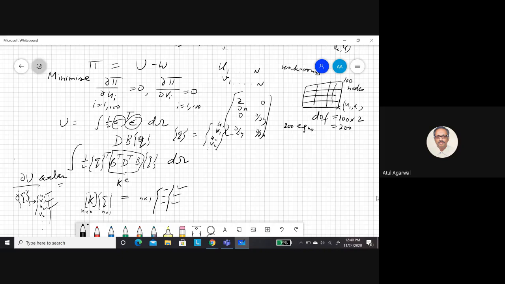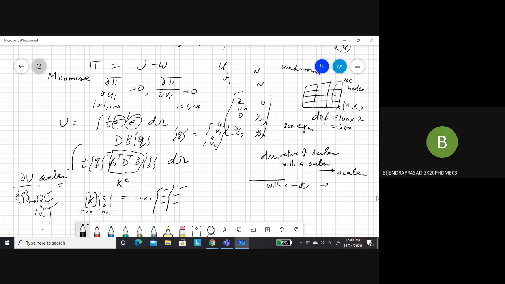You know, if you take derivative of a scalar, I don't know if I told you this, with a scalar, what do you get? Scalar or a vector? Scalar. Suppose you take derivative of a scalar with a vector. What do you get?